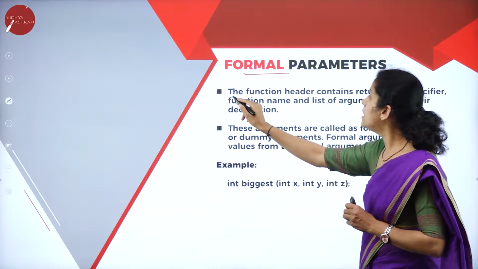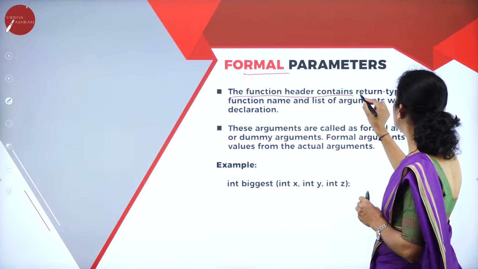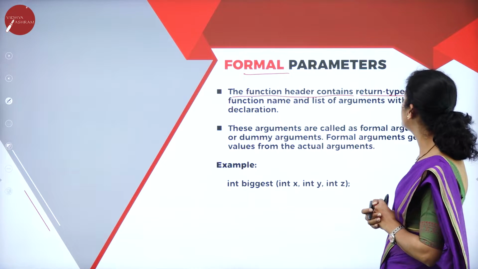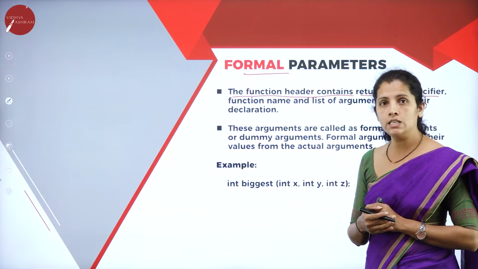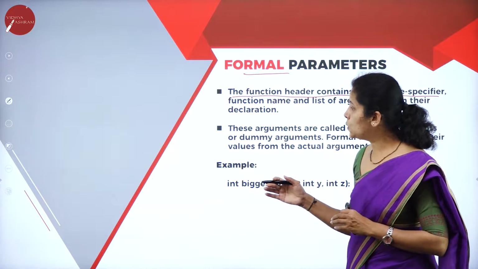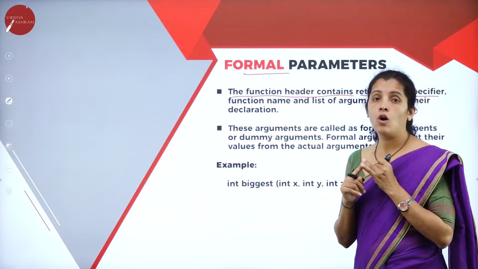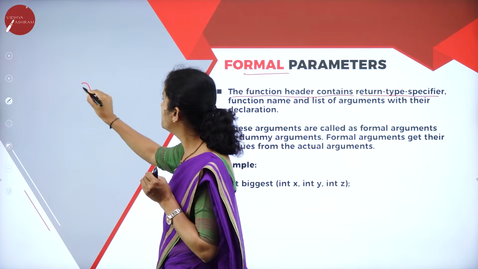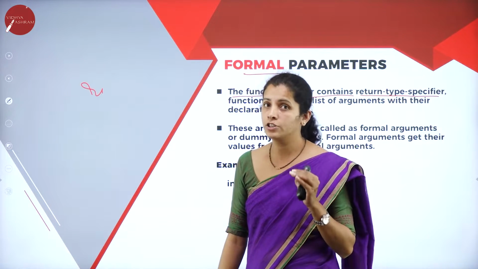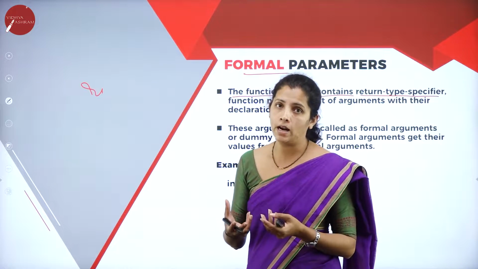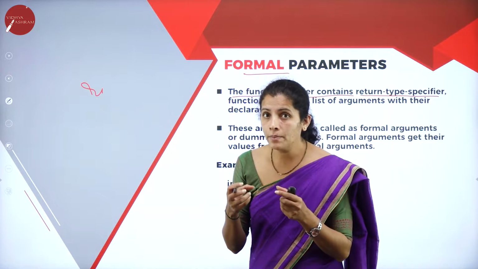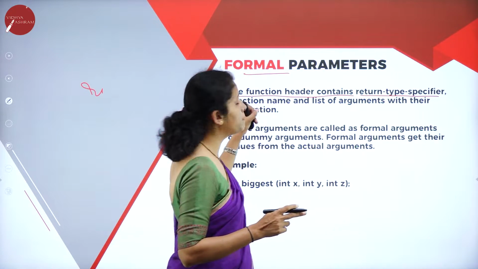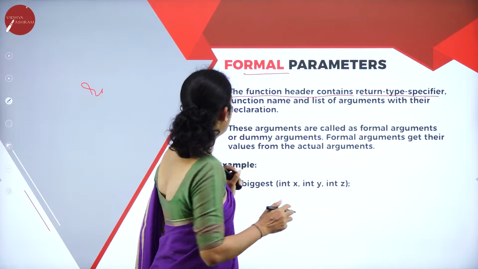The function header contains the return type specifier, function name as well as the list of arguments and its declaration. As I told, the function header or function prototype includes the return type, along with the function name and list of parameters, and whatever parameters I use in my function prototype are examples of formal parameters.